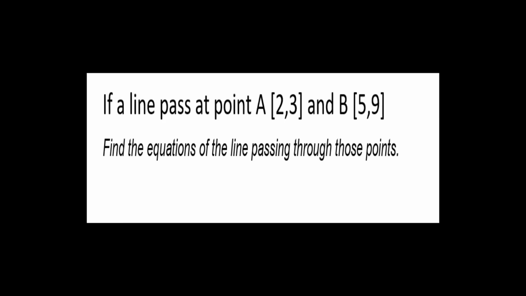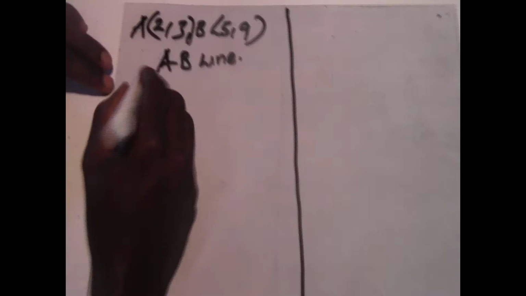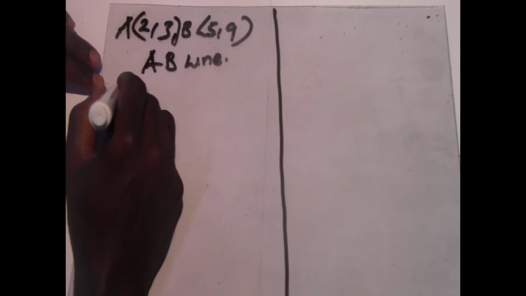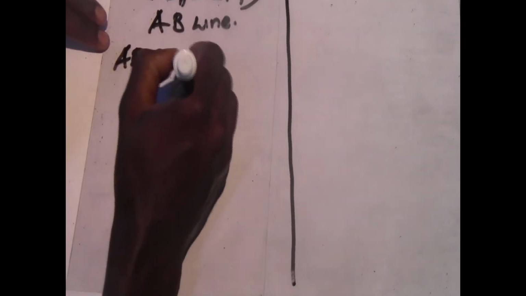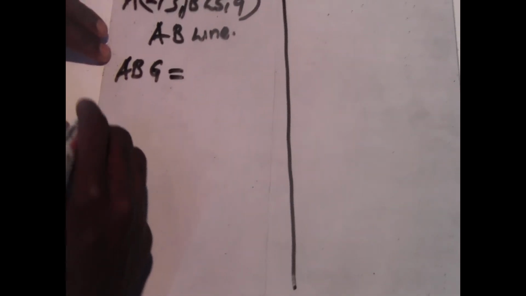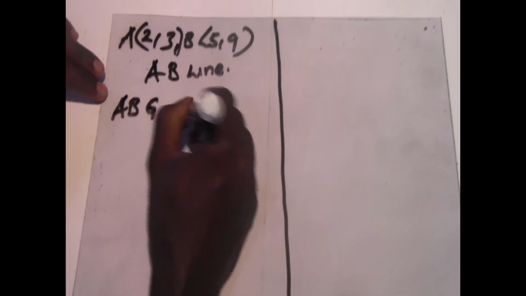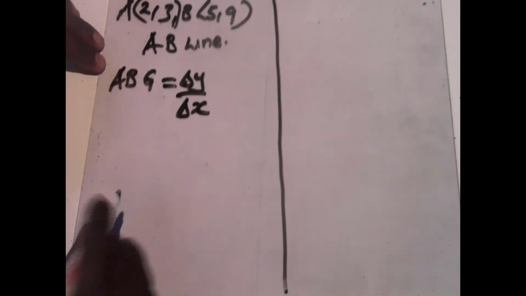Another question, consider the line passing through a point A, which is 2, 3, and then our B is 5, 9. They've said find the equation of that line AB. So the first thing, the gradient of AB. The gradient of AB is given by changing y coordinates over changing x coordinates.